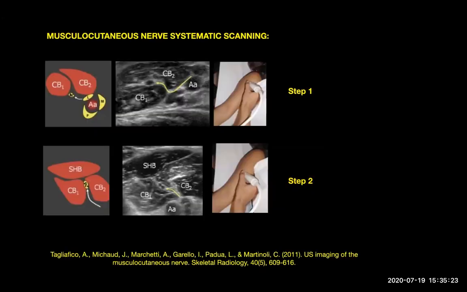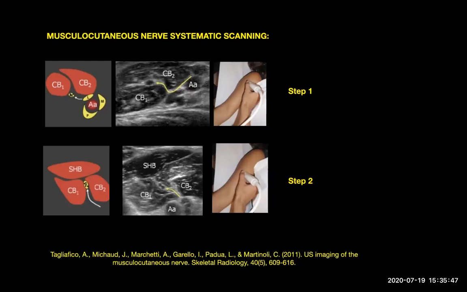Then here, this is how you can go through the scanning. Here, they approach the patient from the axilla and then follow it through. As you can see here, the musculocutaneous nerve will position itself between the two heads of the coracobrachialis muscle.